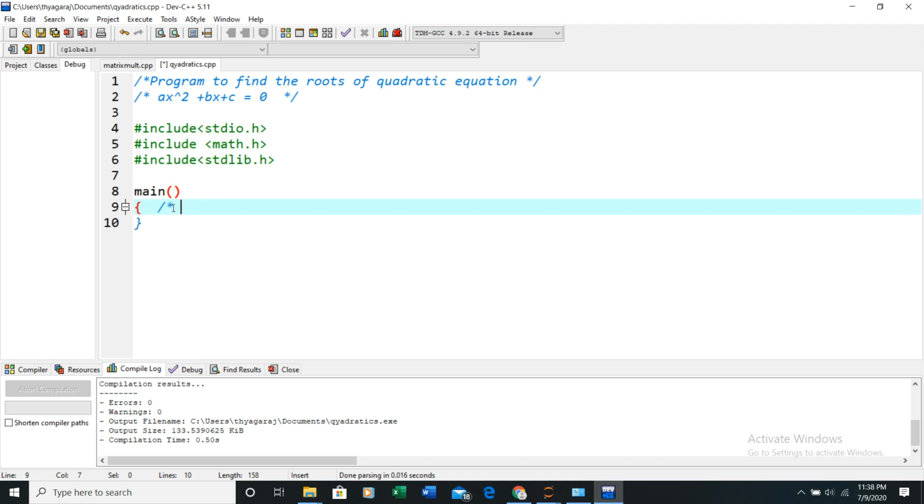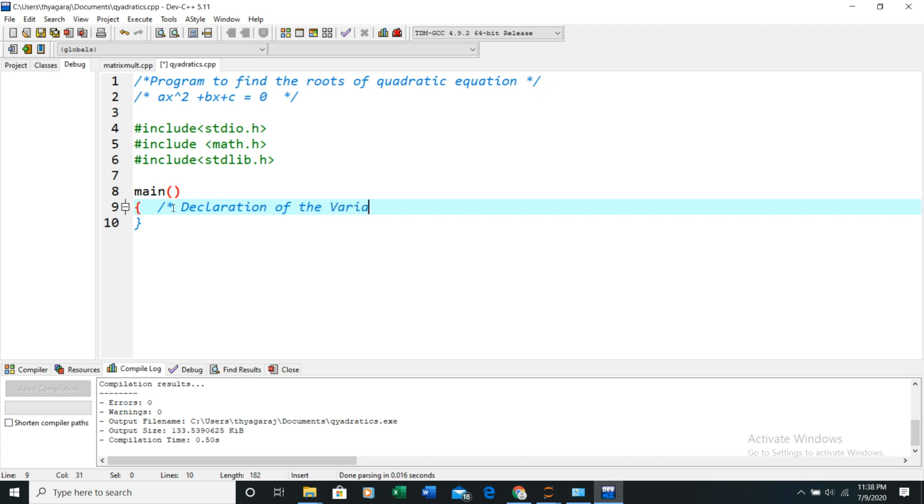Here we need variables particularly for representing the coefficients, the discriminant, and also the roots.